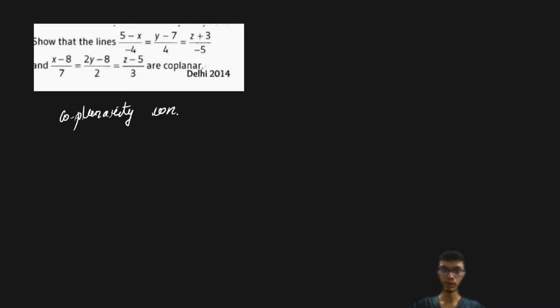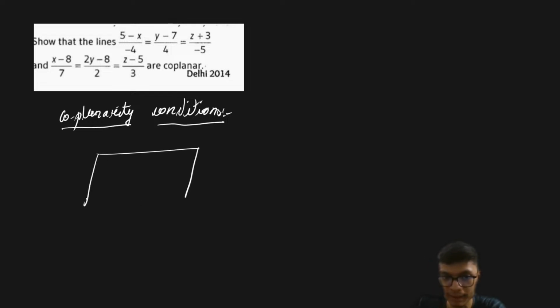If you recall from your initial study of vectors, the coplanarity condition is related to vectors lying on the same plane. If I am able to find three vectors lying on a particular plane, let us say A vector, B vector and C vector, right?